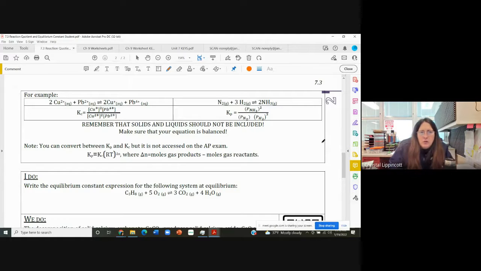All right. So here, all of these things are aqueous, so they would end up being included in the expression. Are the concentrations whatever values these would end up being? Are you listening to me? Would these be at equilibrium or not? And how do you know?